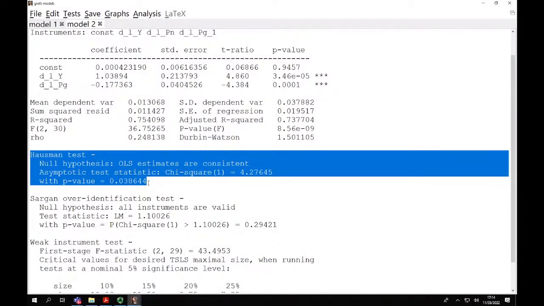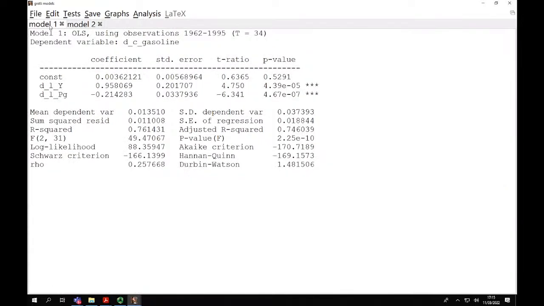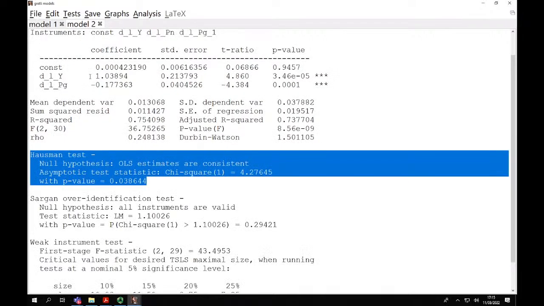In this case, even if we don't know the Hausman test very well, just by looking at the output, we know that we reject the null hypothesis that the OLS estimator is consistent in this setup. But what was the intuition? The intuition is that I see that minus 0.17, so it's almost 18, but is quite different from minus 0.21.